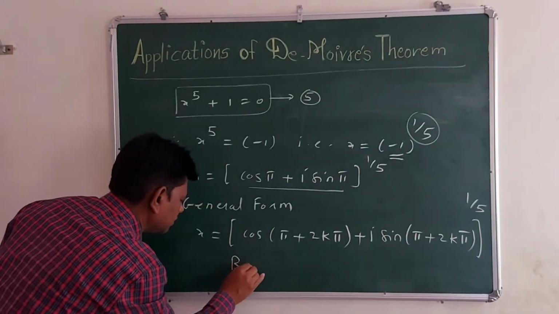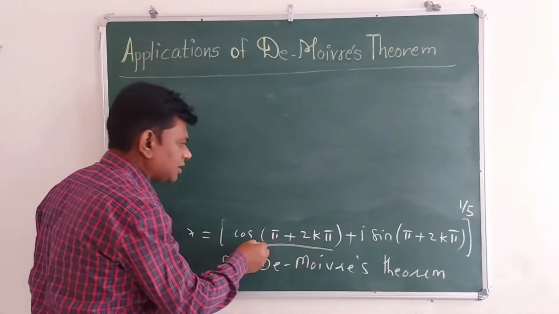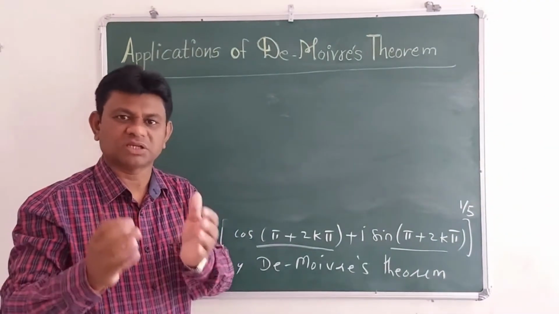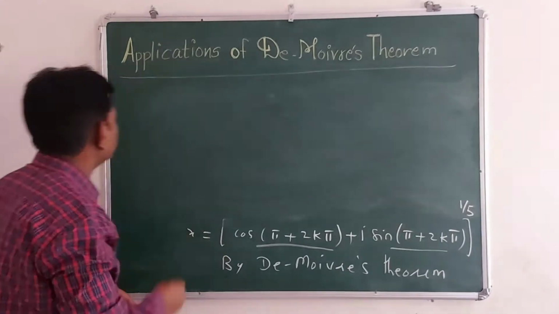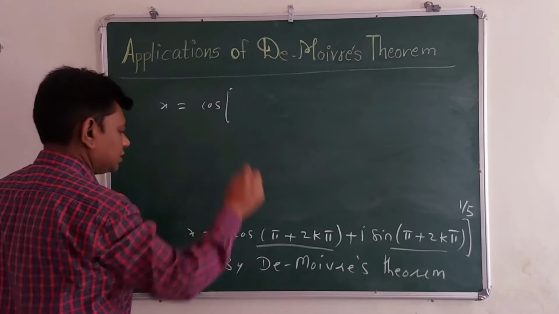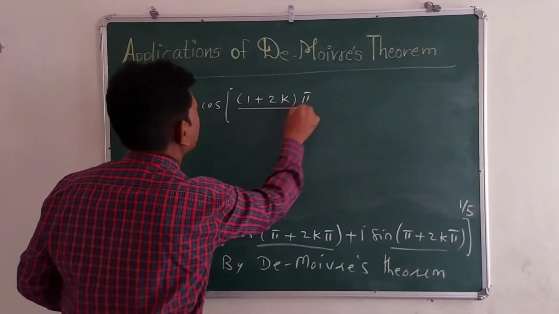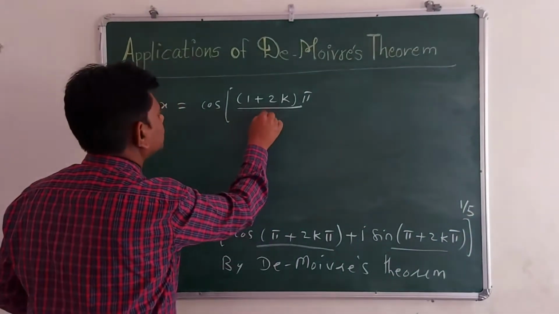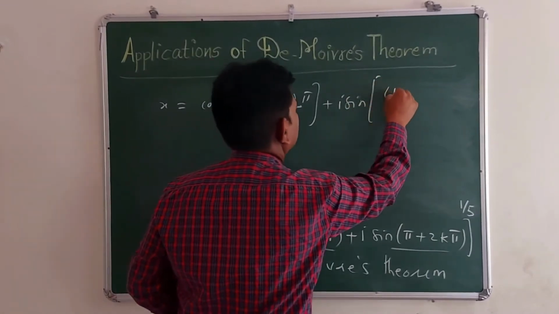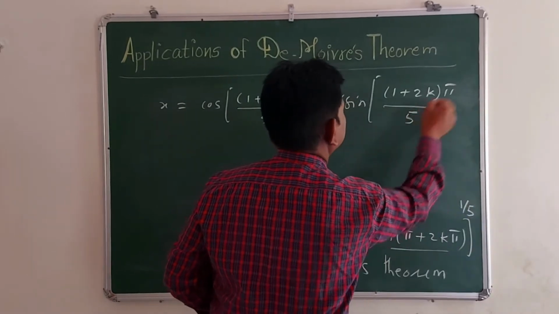Now by using De-Moivre's theorem, cos theta plus i sin theta to the power n, answer is cos n theta plus i sin n theta. Therefore by applying De-Moivre's theorem, cos, here pi be the common term, 1 plus 2 times k times pi upon this 5, plus i sin 1 plus 2 times k times pi upon this 5.